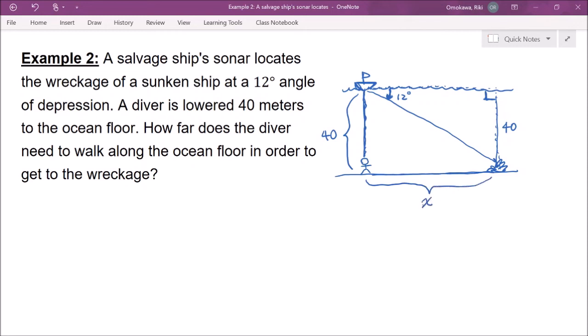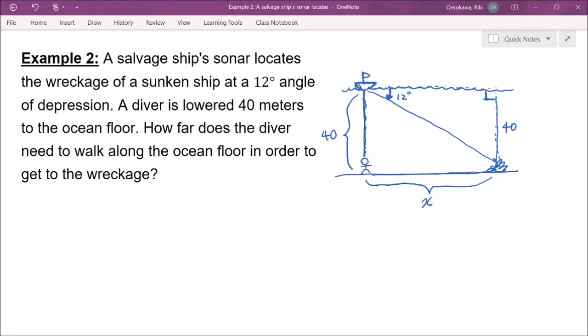So again, it's strange. We've got a right triangle here with side lengths, but no angle. And then we've got a right triangle here with an angle and one side length, but the unknown's not on that triangle. So again, you have to really be careful where you put the side lengths and where you put the angles.